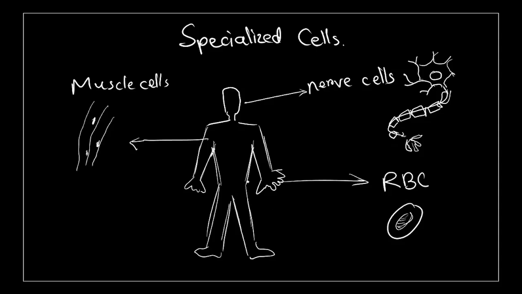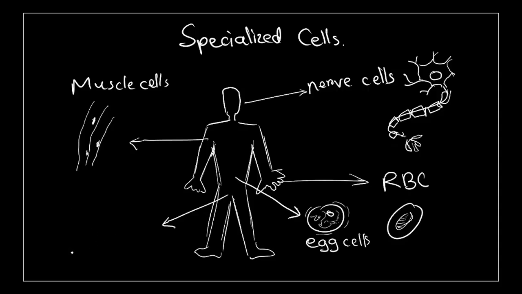Moving on to egg cells, which are present only in females. This is what the egg cell looks like, and it has a store of food in its cytoplasm. Then moving on to the sperm cells, which look something like this.